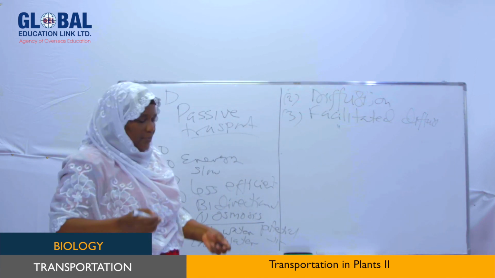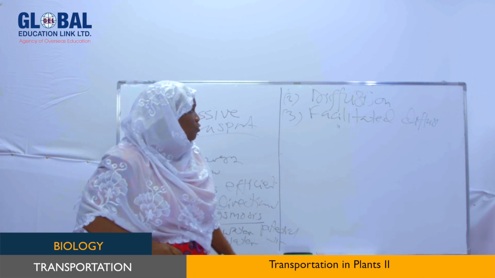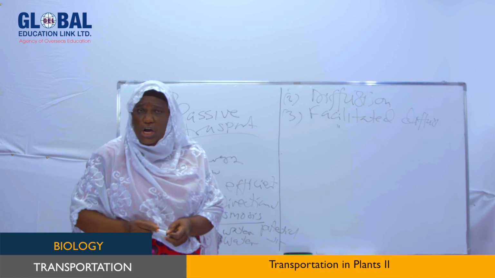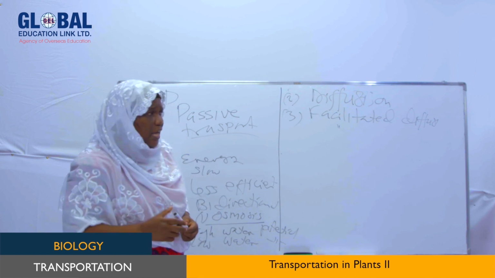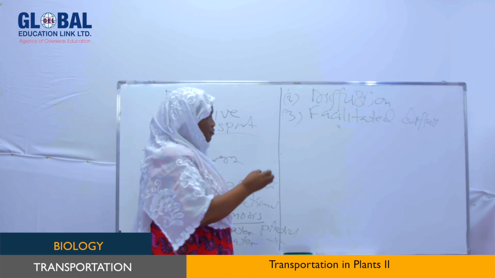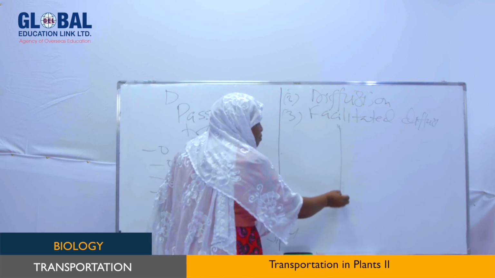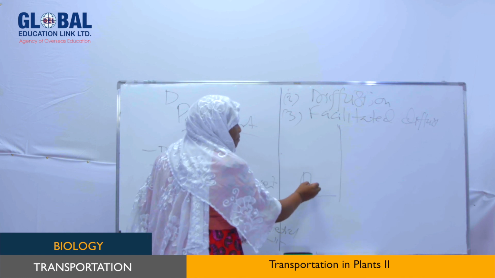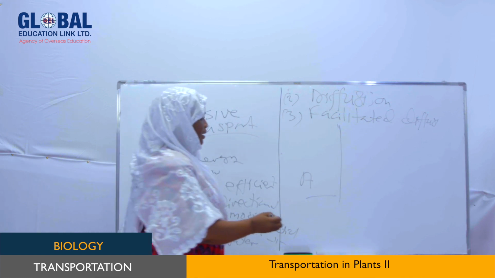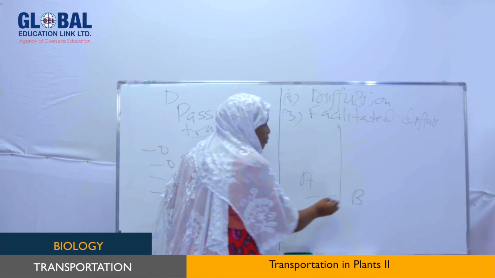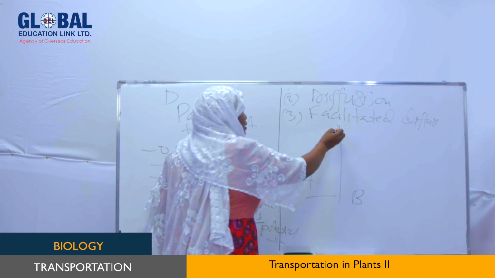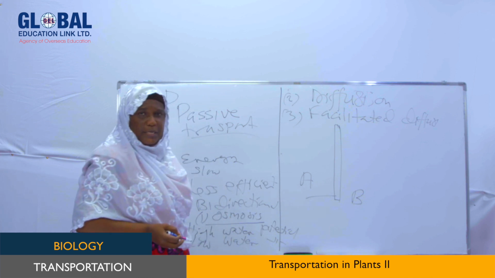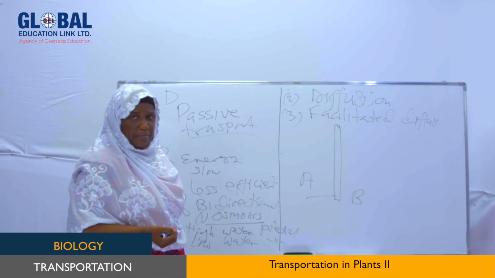Facilitated diffusion is also a case of diffusion, but here it involves carrier molecules. For example, you may have 2 media. Let's say this is medium A and here medium B. These 2 media have been separated by a membrane.